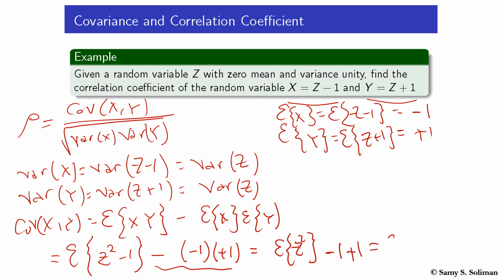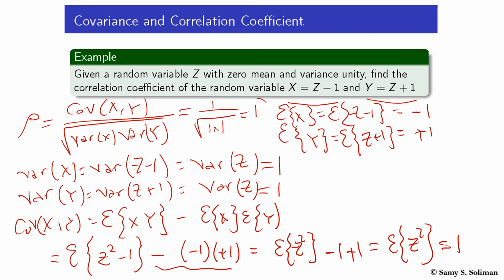So we are left with the expected value of z squared. The expected value of z squared is actually the variance of z, because z has 0 mean, so the variance is equal to the expected value of z squared, which is known to be equal to 1. And of course here the variance of x is 1 and the variance of y is equal to 1, so the correlation coefficient will be equal to 1 over square root of 1 times 1, which is equal to 1.